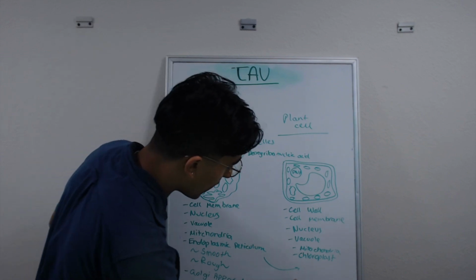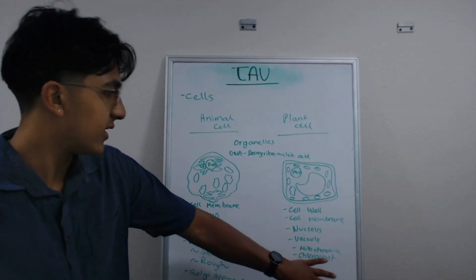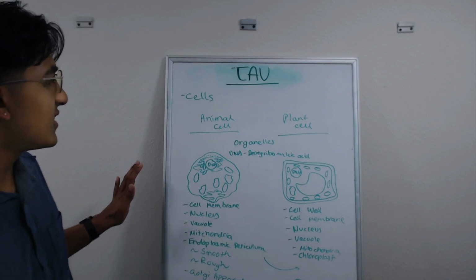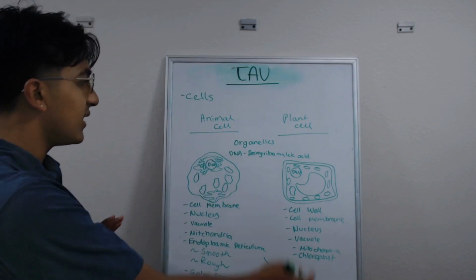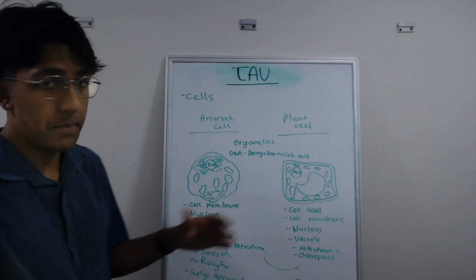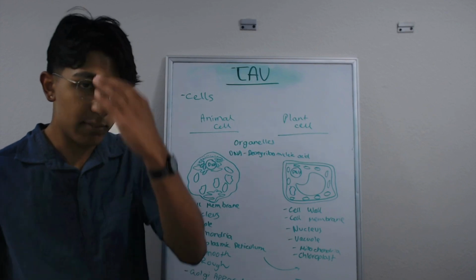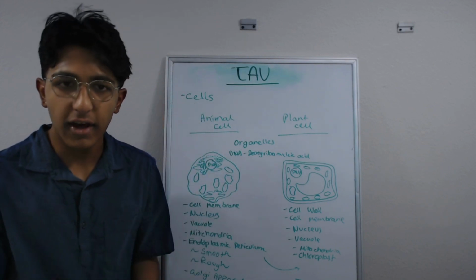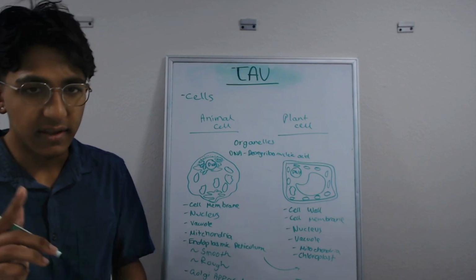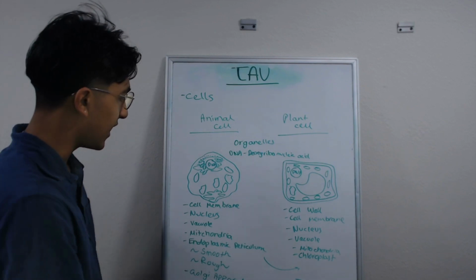So both the endoplasmic reticulum and Golgi apparatus exist within the animal and plant cell. So these are just the main organelles within a plant cell and animal cell. There are many more smaller ones and more complex ones, but for now we'll just cover these main ones, right? There's just one more thing I would like to say.